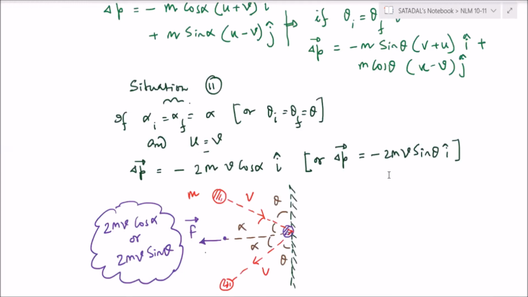Sir, is 2mv cos alpha or 2mv sin theta the total resultant? Net momentum change. Okay, sir. And we have to learn all these formulas for attempting questions? You have to learn all these concepts to attempt the questions. Siddharth? Sir, so we can simply say that situation 2 is like a simple reflection. Yes, actually it is that.